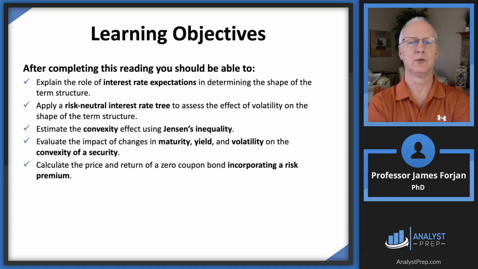We'll introduce this concept of Jensen's inequality and how it is used to explain convexity. And then we'll talk about some regular stuff from the fixed income market, maturity yields and volatilities. And then throughout the slide deck, we're going to calculate some prices of zero coupon bonds.